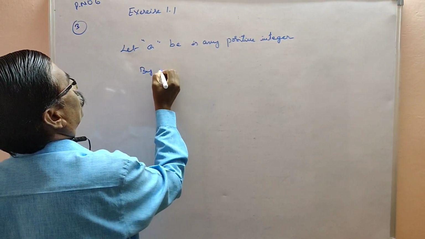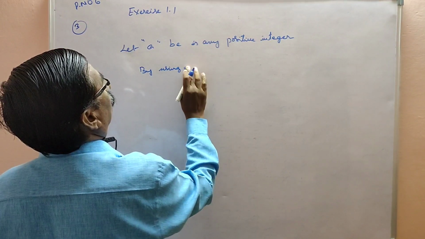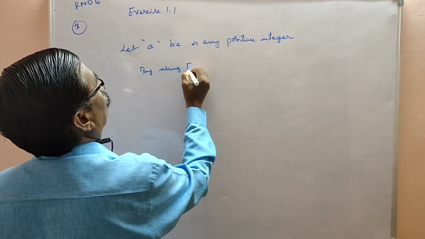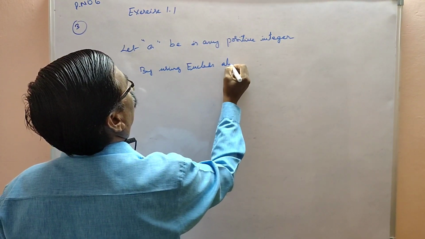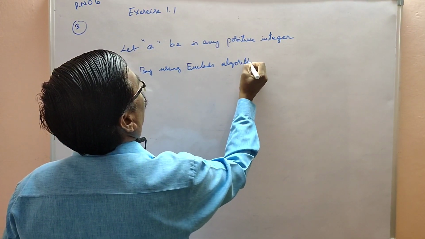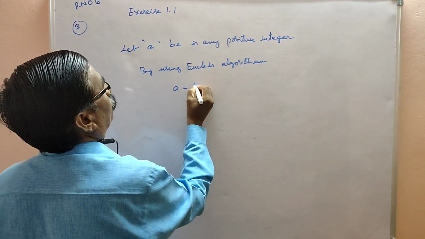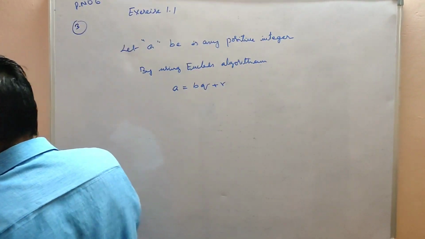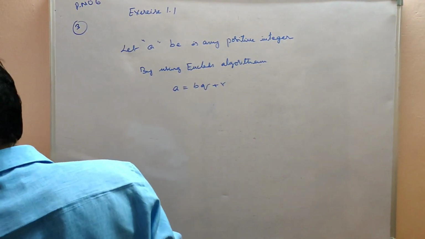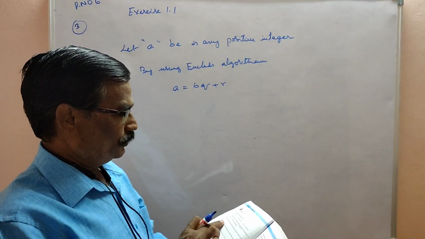By using Euclid's algorithm, a equal to bq plus r. So a equal to bq plus r.